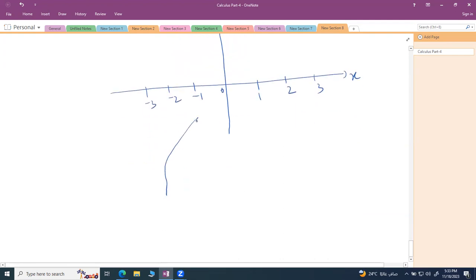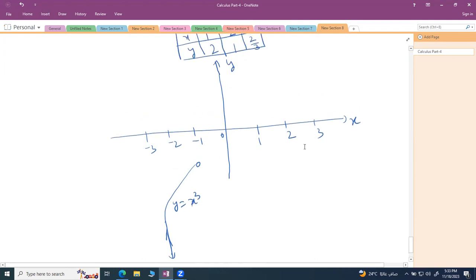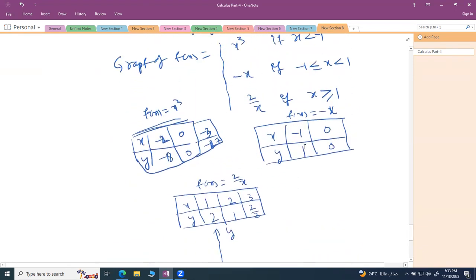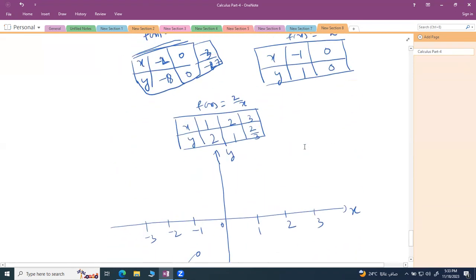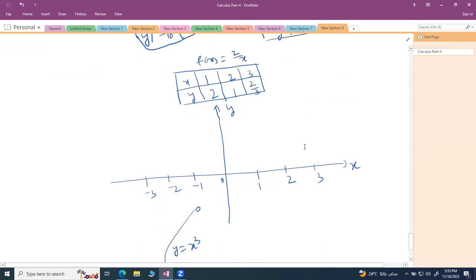At x equal to 1, the function value we don't know. This is y equal to x power 3. From minus 1 to 1, it is minus x, which means it is a straight line. Here minus 1 means plus 1. The x value here 1, this is 2, this is 3.